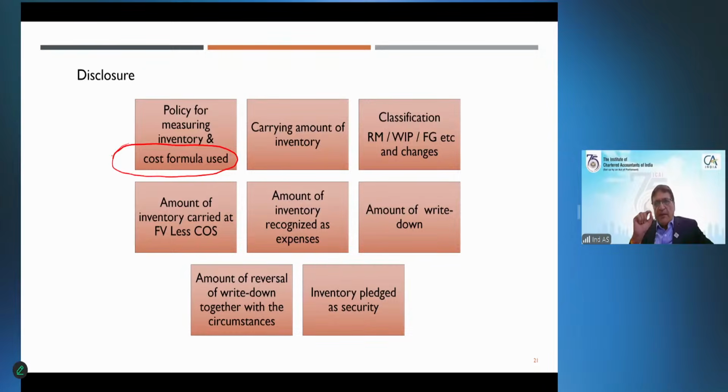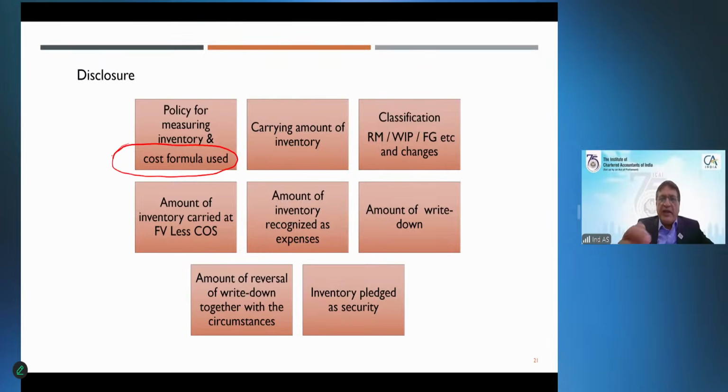Whether the FIFO method, the weighted average method, or a specific identification method, that particular cost formula has to be disclosed together with the policy. The policy would state the types and classes of inventory you have, what goes into the cost, what doesn't, and what cost formula you use. That is to be disclosed.